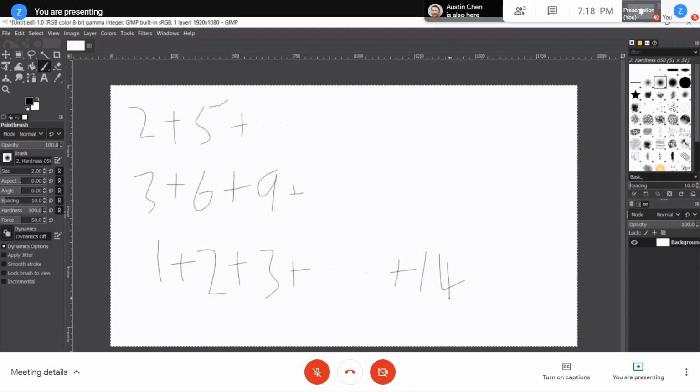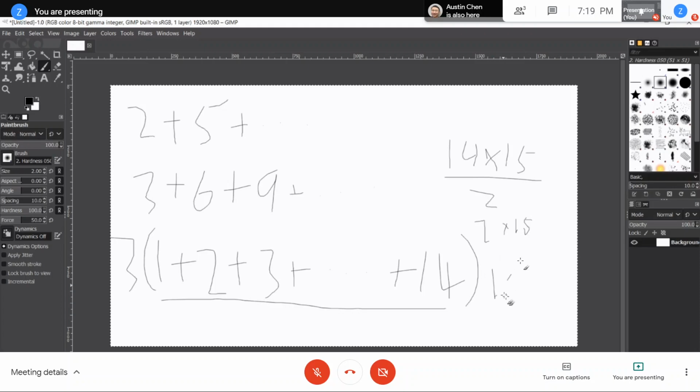The sum in here is relatively easy to calculate, because you know the first term and the last term. 1 plus all the way to 14 will be 14 times 15 over 2, which is equal to 7 times 15, which is 105.